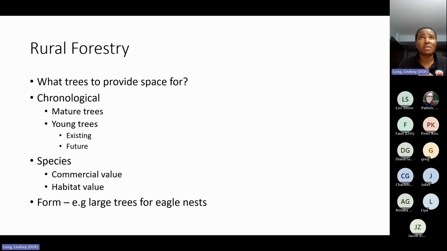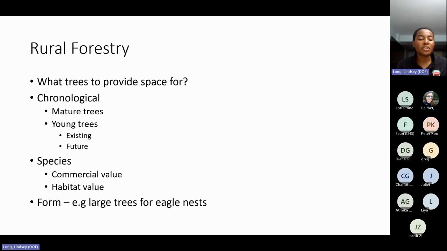Species, some species are way better on the market, so you may manage for certain species that would do better commercially, or if you're really into like turkeys, or quail, or bears, you can manage your forest for habitat value as opposed to commercial.